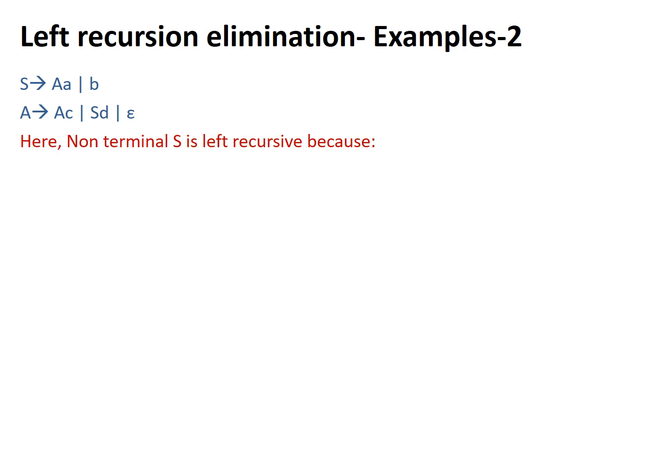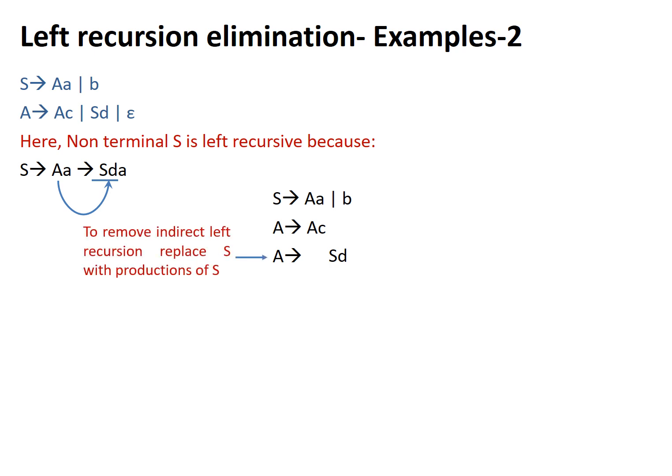How is this happening? Suppose S can be replaced by the A production. Similarly, if I remove this, it becomes like this: A gives AC and A gives SD. S can be replaced by the S production in the A production, like this: AD or BD.